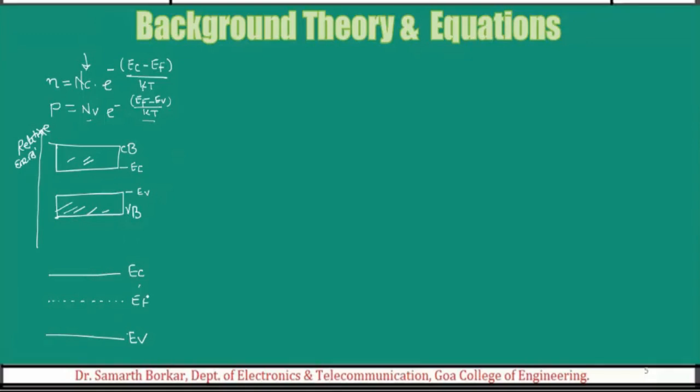Now, if I take another line, just for your understanding, Ef1 and this as Ef2. If I want to calculate the concentration of electrons, the first case is the difference of Ec and Ef1. If I shift the Fermi level to another energy level, Ef2, what difference does it make to the overall concentration?